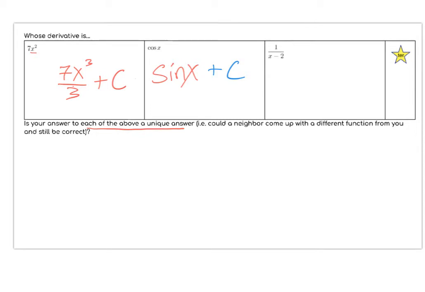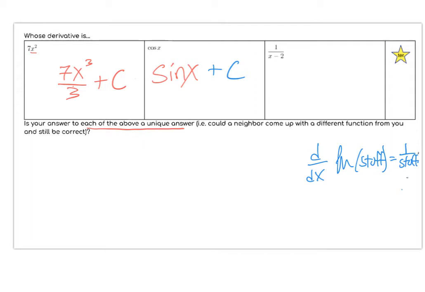And then finally, this one's a little bit tricky. This one was written in this format so that we don't immediately try a power rule. And we have to think about what function has a derivative that's 1 over something. And I know that the derivative of ln of stuff is 1 over that stuff multiplied by the derivative of stuff.